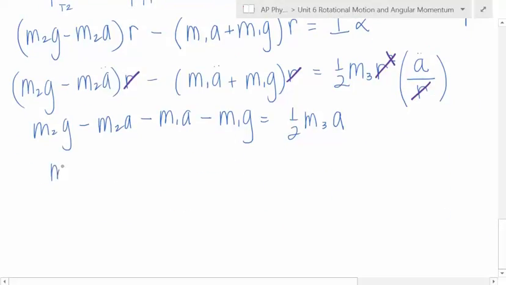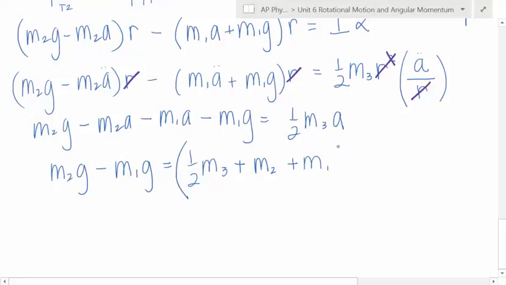So now M2G, that's the weight of the big guy, minus M1G, that's the weight of the small guy, is equal to 1/2 the mass of the pulley, because the moment of inertia of a pulley is 1/2 mr squared, okay? But plus M2 if I add over the M2 term, plus M1 if I add over the M1 term, all times A. Now can we solve for acceleration?